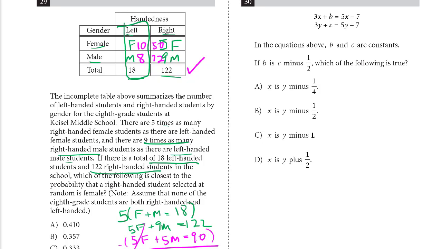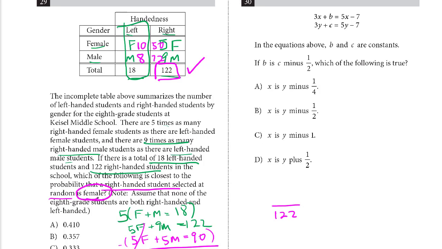Now let's answer the probability problem that's given to us. What's the probability that a right-handed student selected at random is female? So all my right-handed students, 122 of them, that's going to be my denominator, not the total, but just the right-handed students. My numerator will be the number that are female.